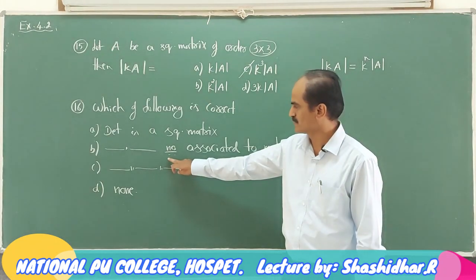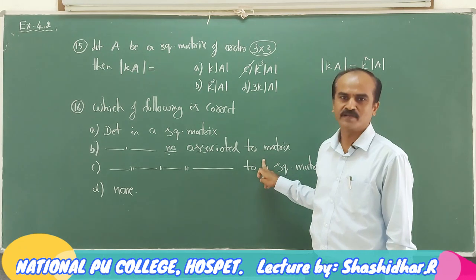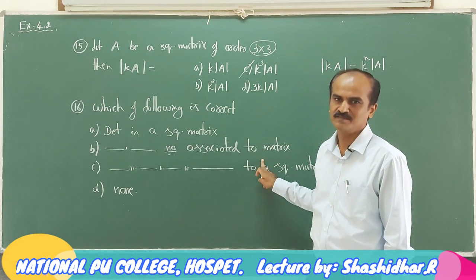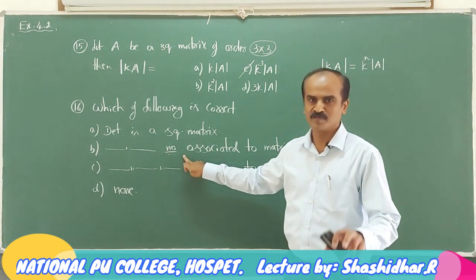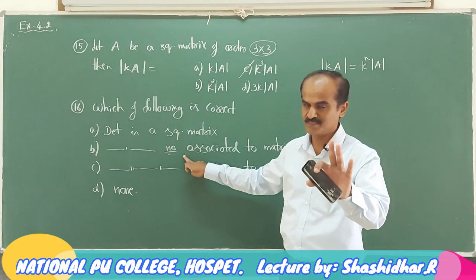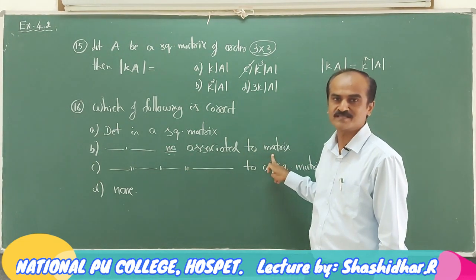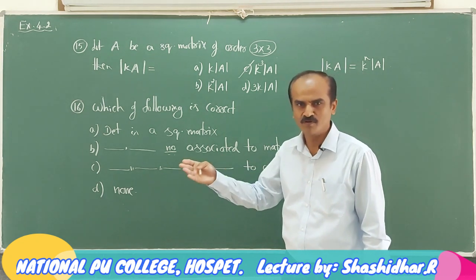The second option says determinant is a number associated to a matrix. It is quite near to the right answer. Determinant is a number, of course, correct. This part is correct. Associated to a matrix, they are saying. Can we associate a number to all matrices?